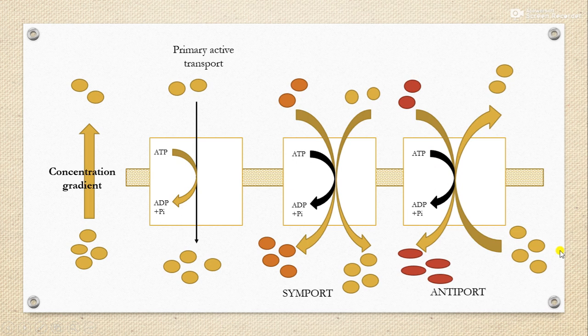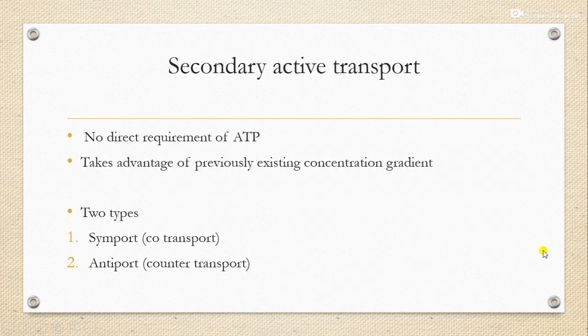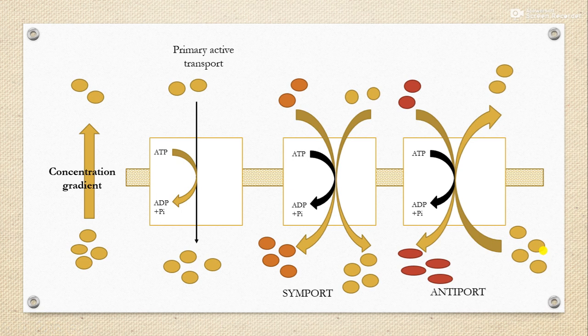But there is also a counter ion transport, that is, at the same time another species of molecule or ion will be transported from a region of greater concentration to a smaller concentration. So both the transport mechanisms in antiport will be opposite to each other, whereas in symport both the molecules will be transported in the same direction.